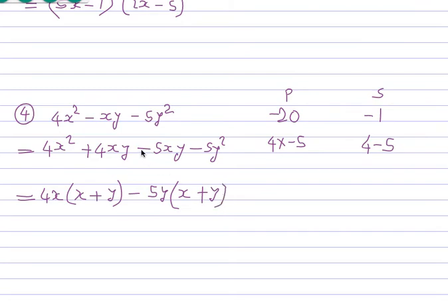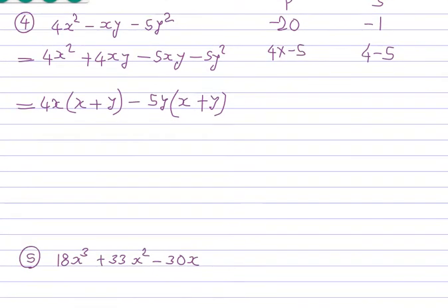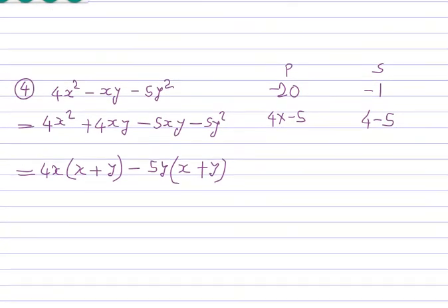Remember, whenever we take common negative, all signs will be changed. Okay. Now here we can take common the bracket portion because it is the same. So x plus y we can take common, and another bracket left here, 4x minus 5y. This is the answer.